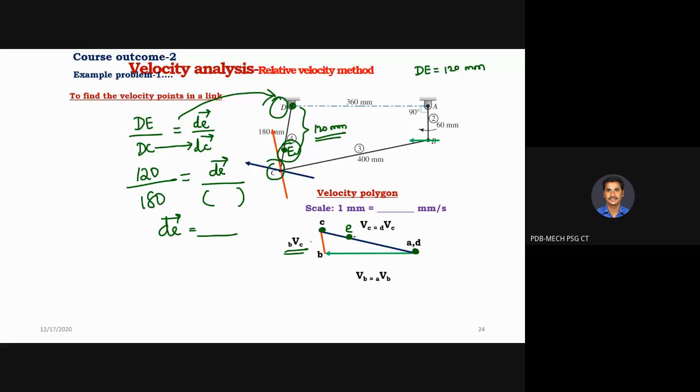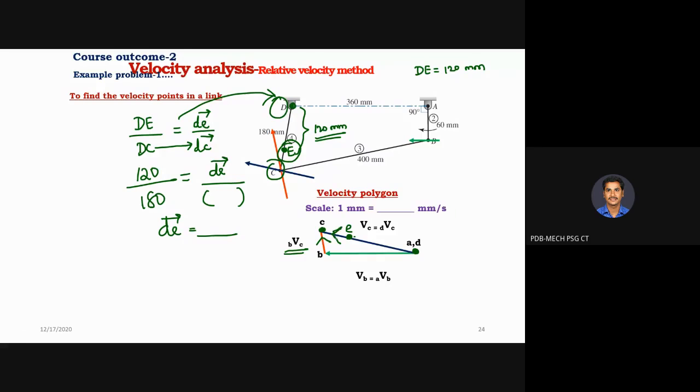C is rotating with respect to B, correct or not? Yes, sir. B is the fixed point, the origin point, about which C is rotating. So your arrowhead should point to C. So it indicates the velocity of C with respect to B. Similarly, what does the arrowhead here mean?